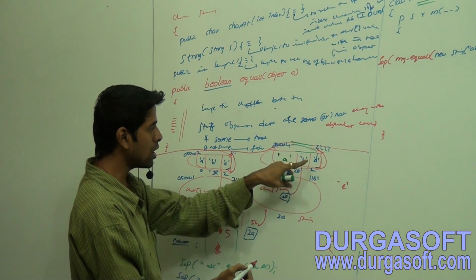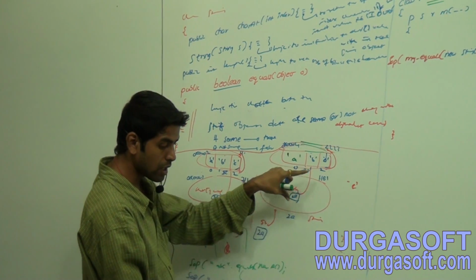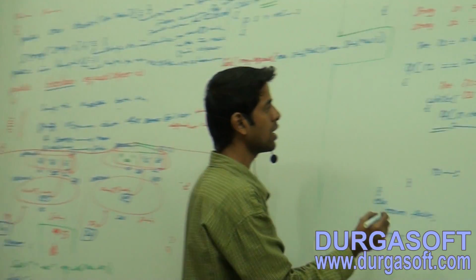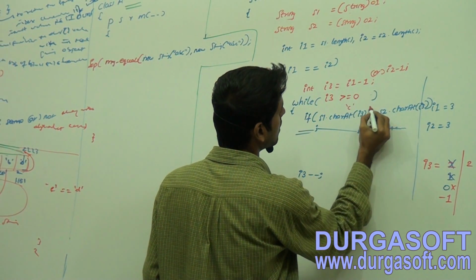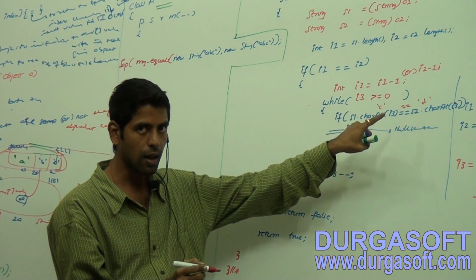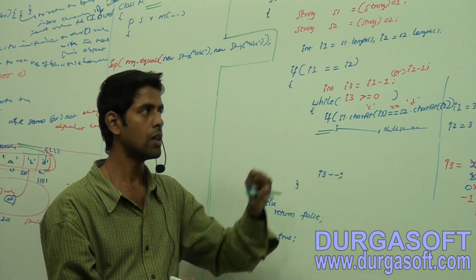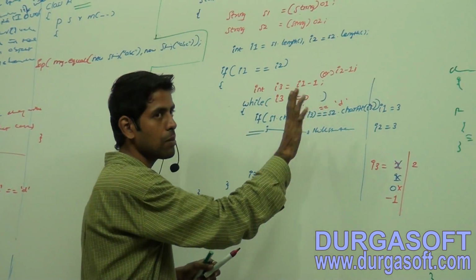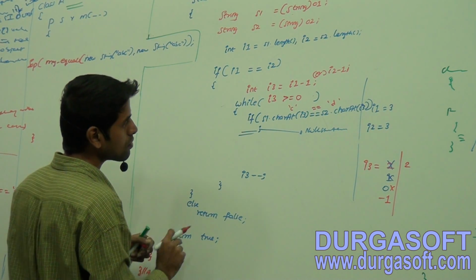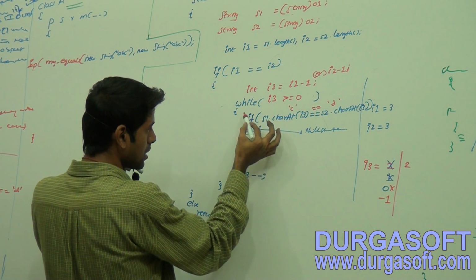Now s2 dot charAt of 2 double equals to d: you are checking character literal c double equals to d. What happens here? It will give us false, because internally the JVM considers the Unicode value, a known fact to us. Now it will come out of this if block.